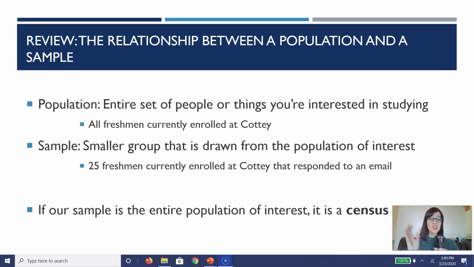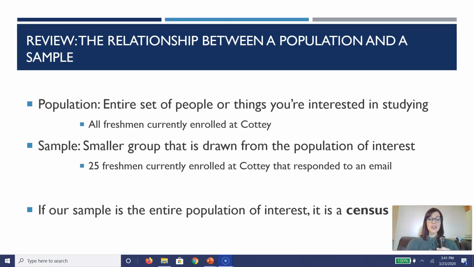It doesn't necessarily have to be smaller, but it could be, and often is, because typically you can't sample everybody. A smaller group drawn from the population of interest, so 25 freshmen currently enrolled at Cuddy that responded to an email. That is a smaller group of our actual population of interest.